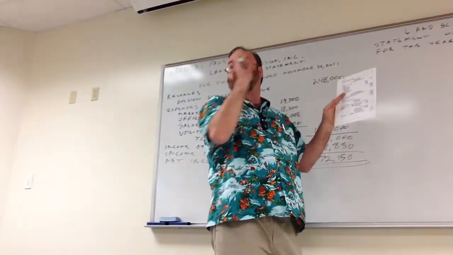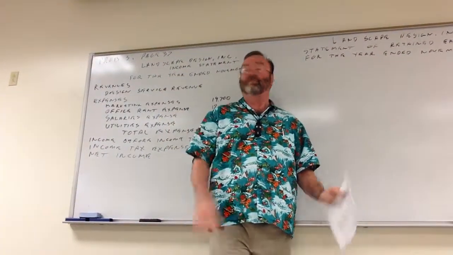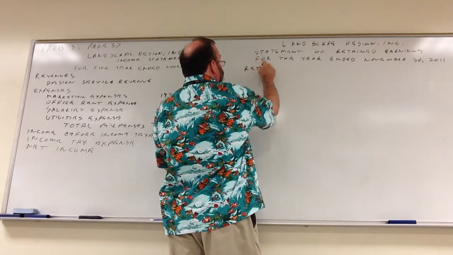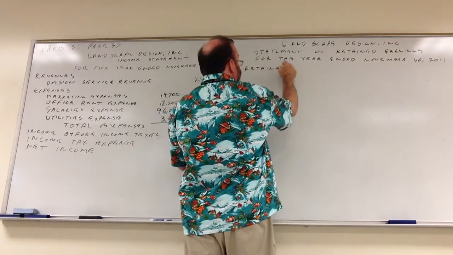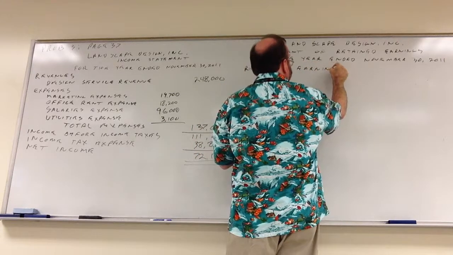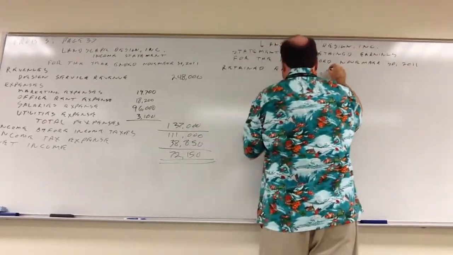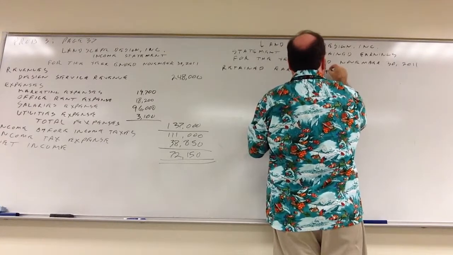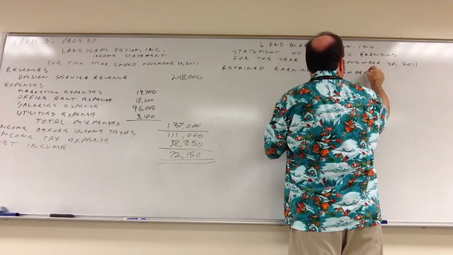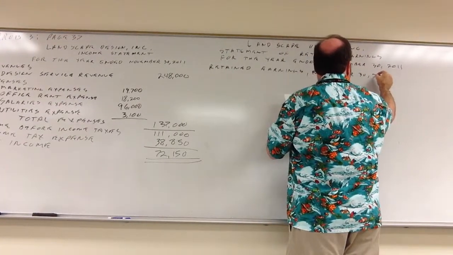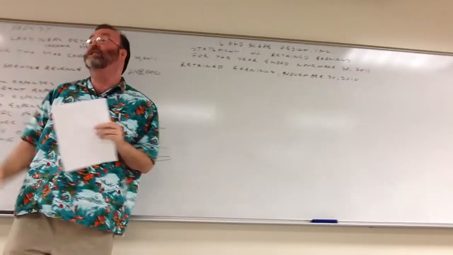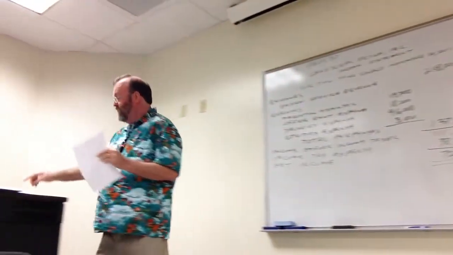So of the three, this one is without question the easiest one. We start with retained earnings November 30, 2010, last year's. And that's what is listed in the textbook, and it states it.